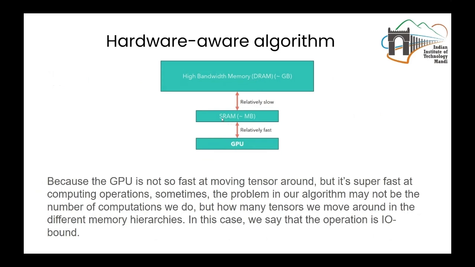Whatever computation results come in SRAM are stored in the DRAM. So the GPU is a very fast calculator, but a very poor copier. The SRAM calculations are in terabytes, while the copying operation is only in gigabytes. So how do we exploit this weakness?